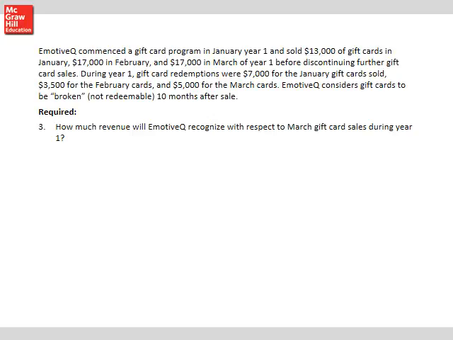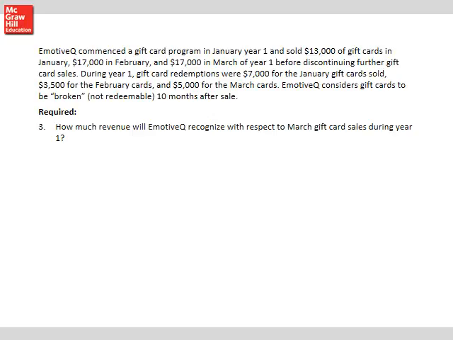Our third entry here: how much revenue will they receive with respect to the March gift card sales? Now this one's a little bit different because March expires, right? March is the third month, and so on December 31st, any gift cards not used are still available to be used for one more month. So in this case, we sold 17,000 worth of gift cards.